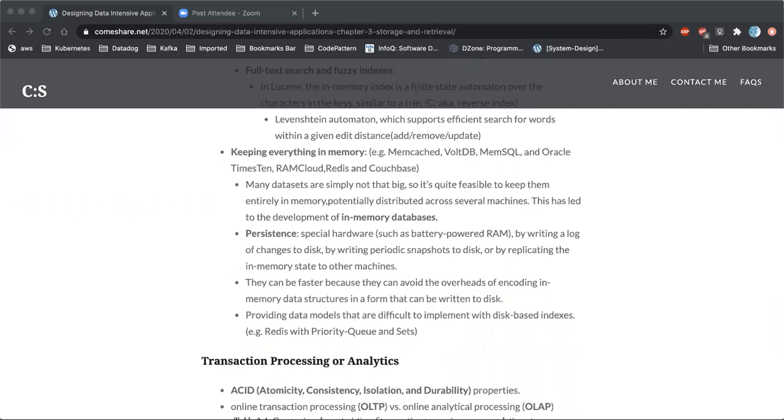So Naga, I have a small question. My understanding is that in this example, with in-memory databases, you're actually storing the entire data set in memory, because the premise is that RAM is becoming very cheap. You may be able to do partitioning, so you're not storing your data in just one machine.